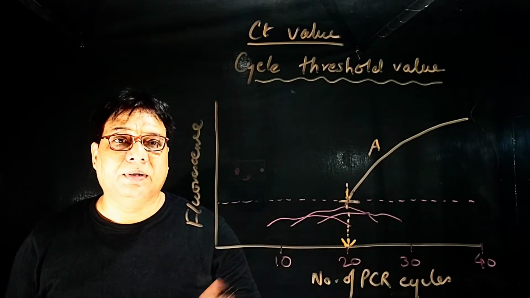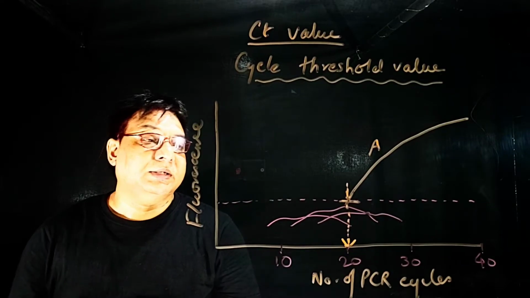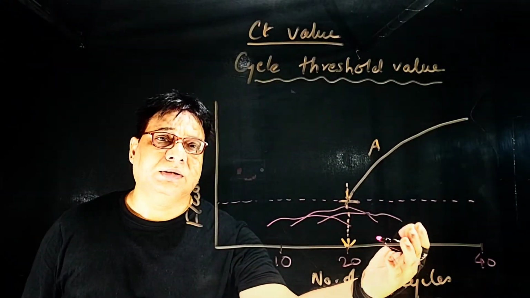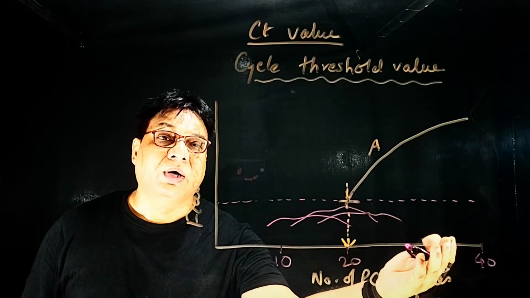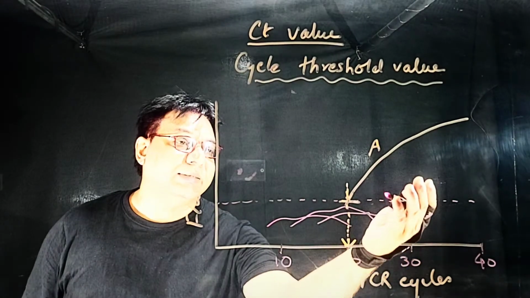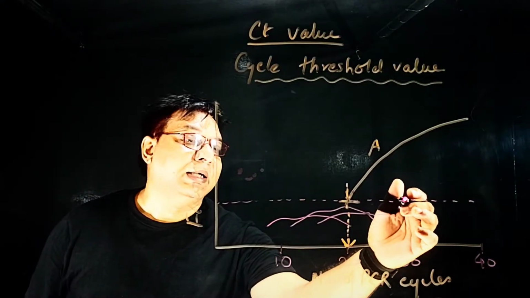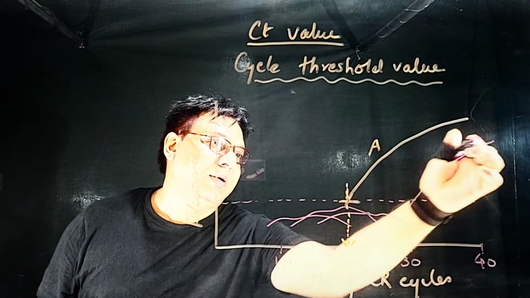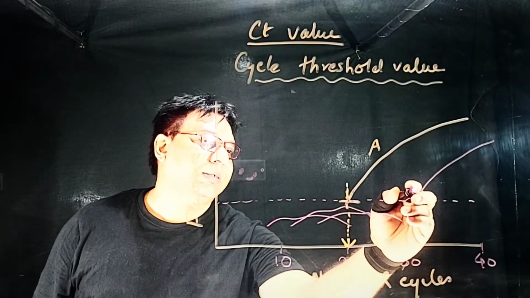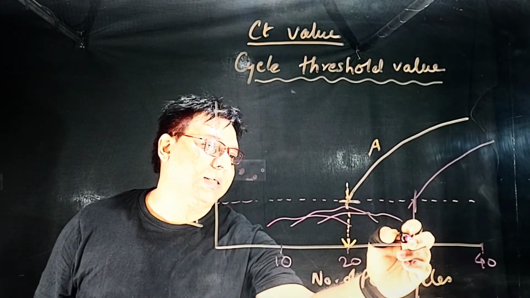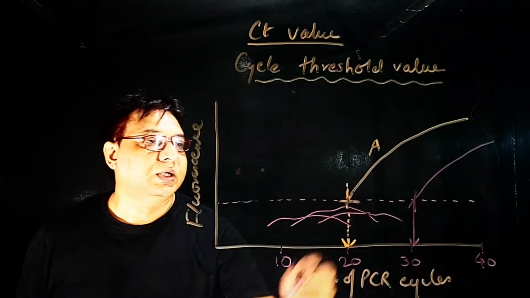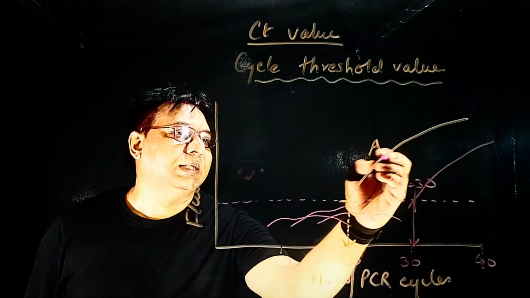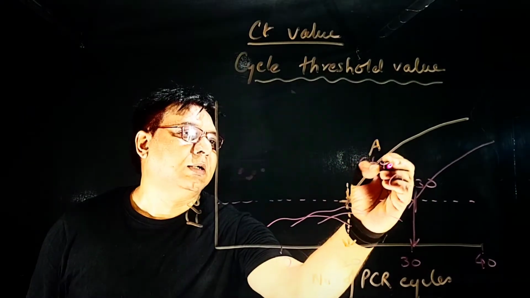Now in another sample, say sample B, the fluorescence beyond the background level is emitted a little later, say here, so the CT value is more, 30 cycles or so. So in this case the CT value is 30, and in the other case the CT value is 20.